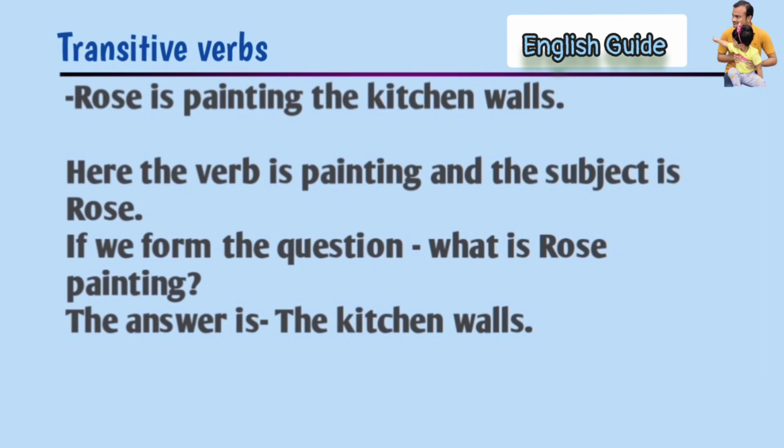So here you have a definite answer of what the subject is doing. And the action has a definite receiver or object. So we can consider these verbs as transitive verbs. I hope now this is clear to everyone.